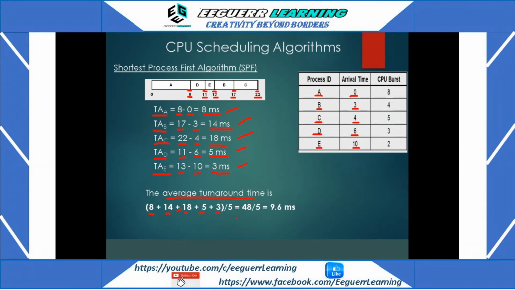Okay, we're going to divide it again by 5 because we have 5 processes. Adding all these values will give us 48. 48 divided by 5 is 9.6 milliseconds. So 9.6 milliseconds is our average turnaround time for the shortest process first algorithm, or the SPF.